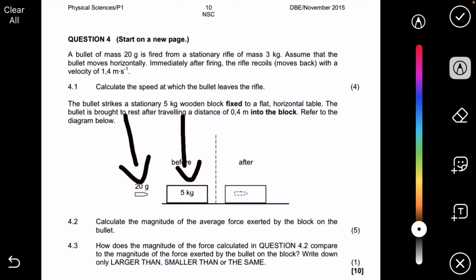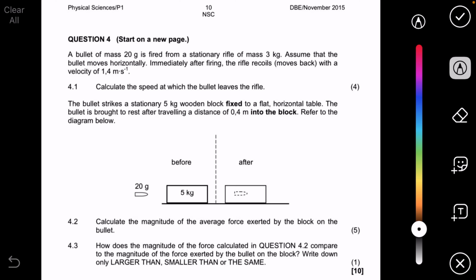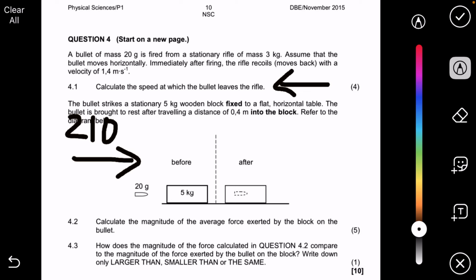Remember, it's given in grams, so when you continue with your calculations, it should be in kilograms. Most importantly, what you need to be aware of is that the velocity or the speed that you calculated here, let's assume the answer was 210 meters per second. That means it strikes this block at that speed.